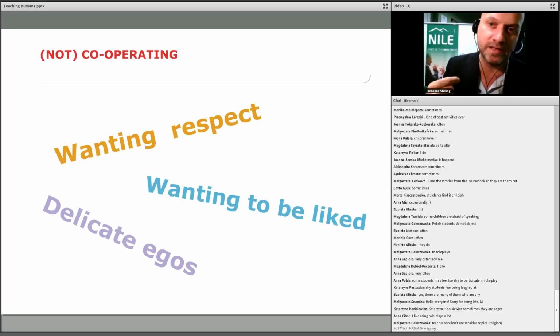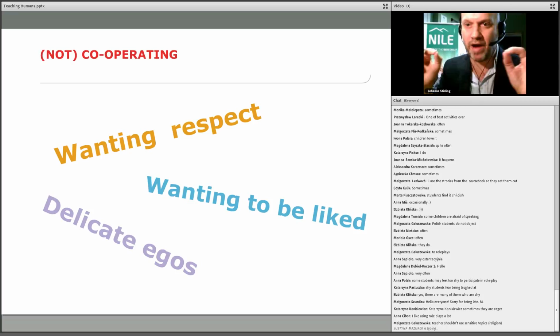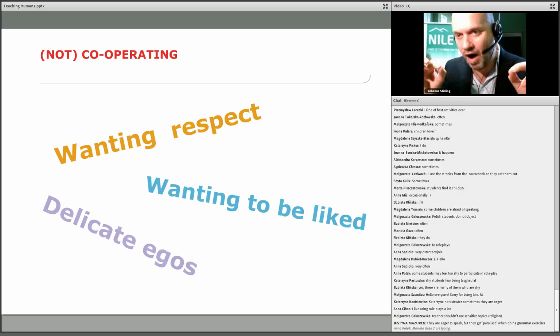That we might be asking them to play a role that is contrary to their personality, or that is too much of a stretch for their personality. That's asking them to go too far from how they can do this, right?